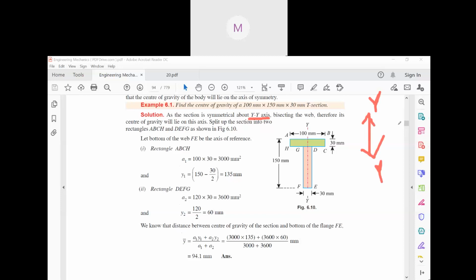So if you cut it by the y-axis, then it is symmetrical. So first of all, you found out by which axis it is symmetrical. Then after that, you will have to find out y1 and y2. So how will you find out y1 and y2? Look at this figure now.